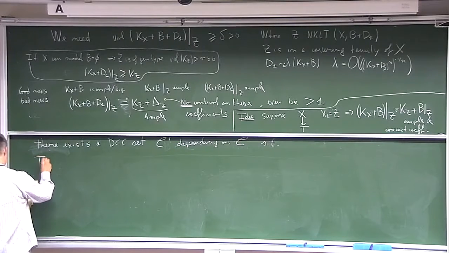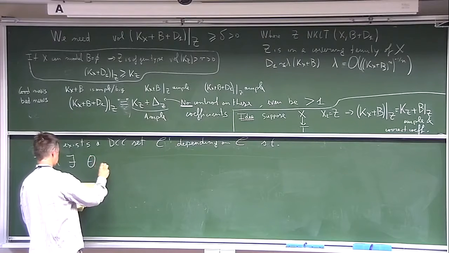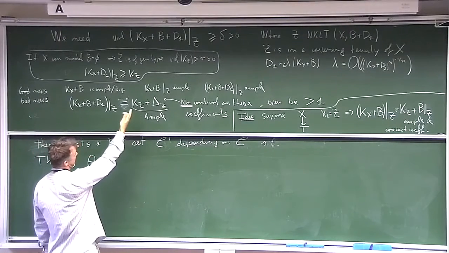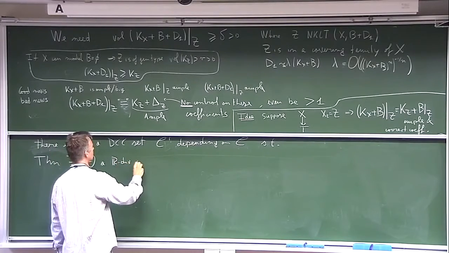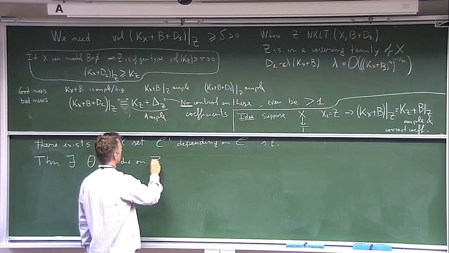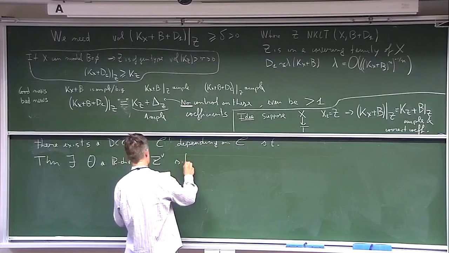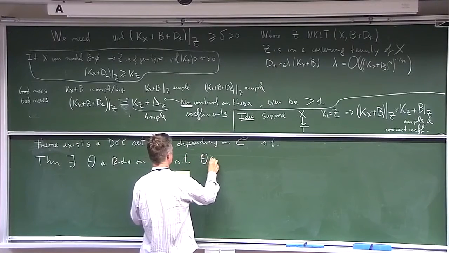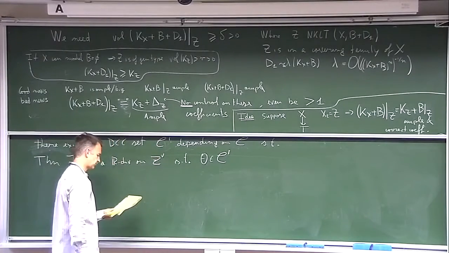Okay, theorem. There exists theta, some Q divisor, or depends if I started with real rational coefficients, so let's say an R divisor, on, so I'm calling Z my log canonical center, so on the normalization of Z, such that the coefficients of theta belong to this new, slightly bigger DCC set C prime.